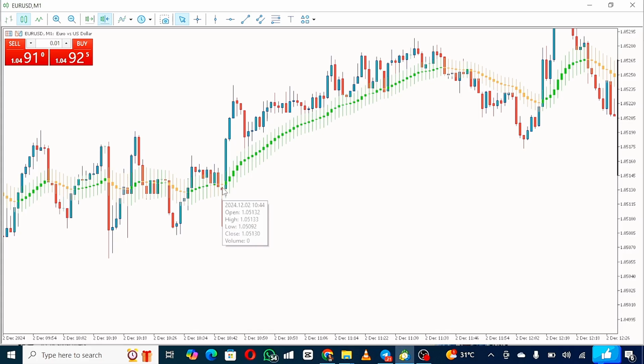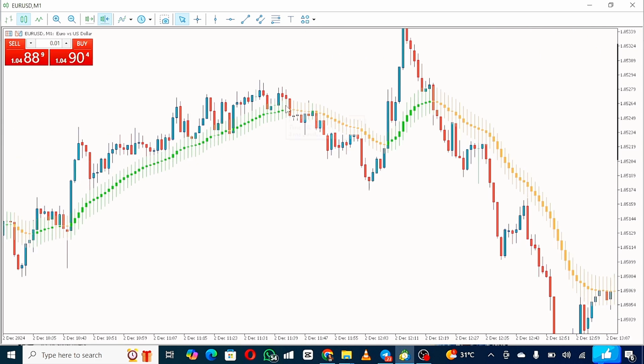As you see, as it has joined over here, it signaled a buy, and we took the buy up above here, something like from here to here. For this kind of thing, you use a high lot size and then close it with a little movement in the market.